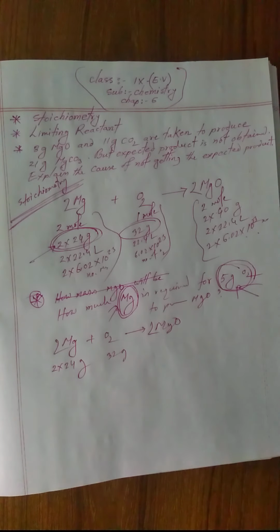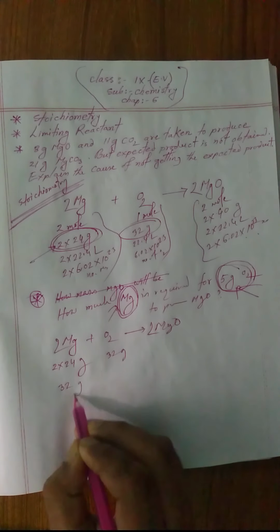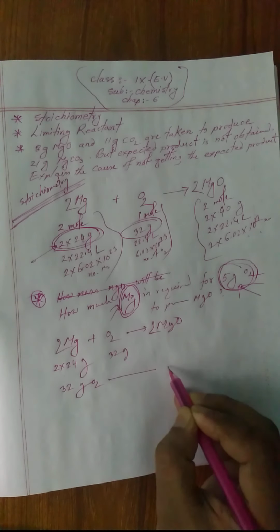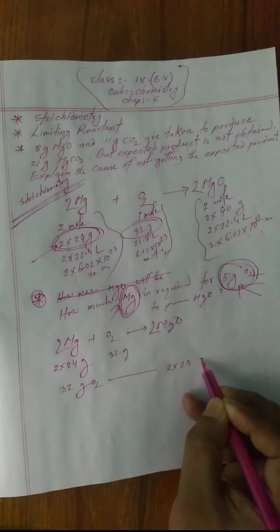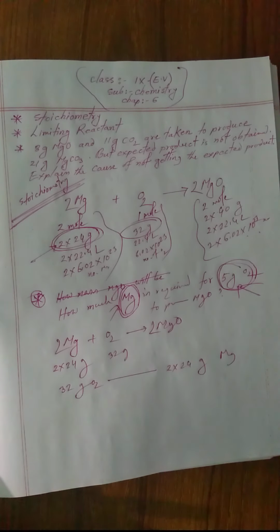From the reaction we can see 32 gram oxygen needs 2 into 24 gram Mg to produce MgO.